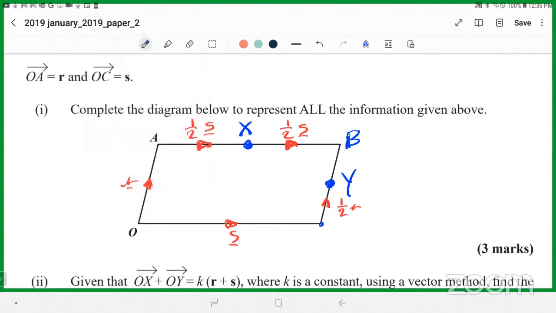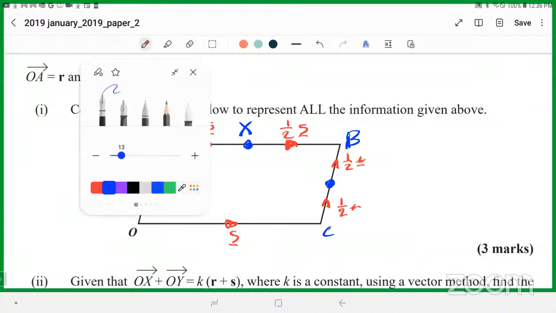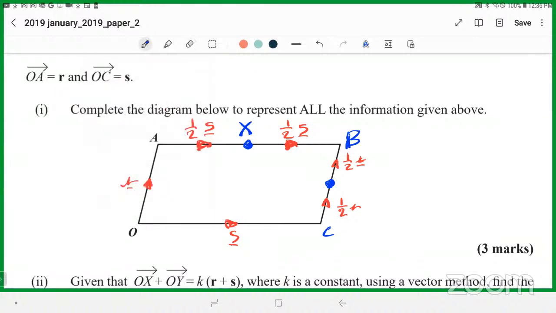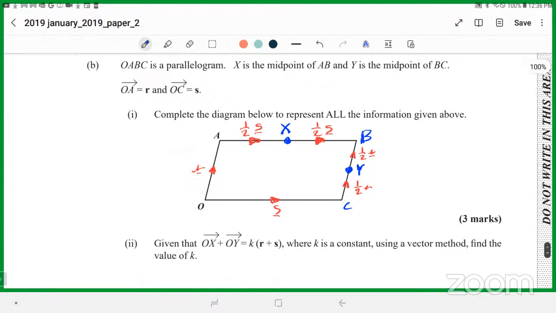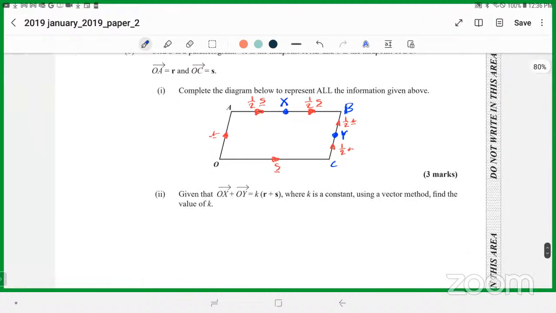This vector down here is half r as well. The more information you can put on the diagram, the better for you, so you can see how you go from point to point. That is your aim. So fill out the diagram as much as needed.